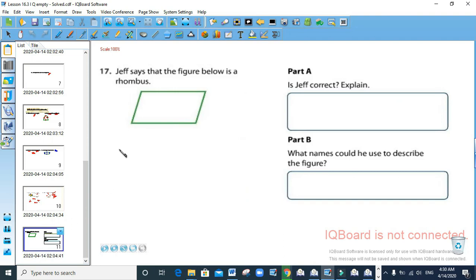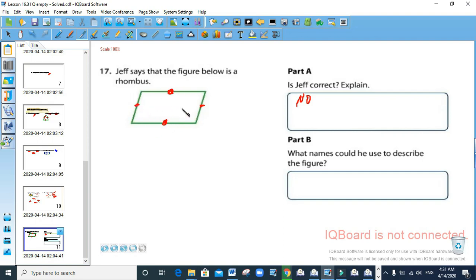Now, question 17. Jeff says that the figure below is a rhombus. Can we agree with him? Actually, is Jeff correct? No. Why? Because the rhombus has 4 equal sides. Look at this. This side is equal to that side, but this side is definitely not equal to the other side.